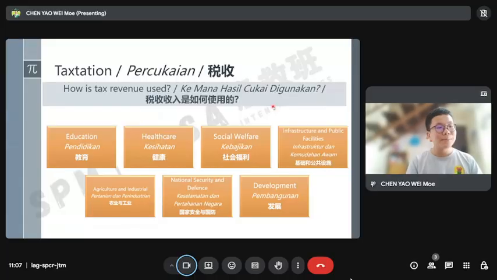Education, textbooks. Why are textbooks free? Because your parents pay the tax to help the country's education, so you can use the free books. All the textbooks are free, but you need to take care of them.